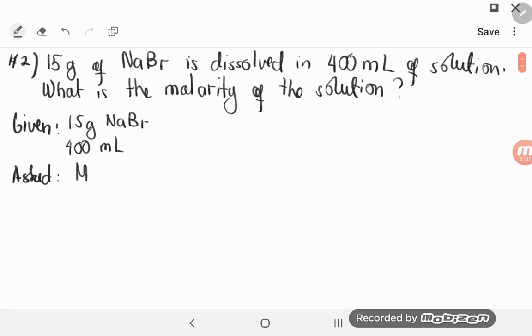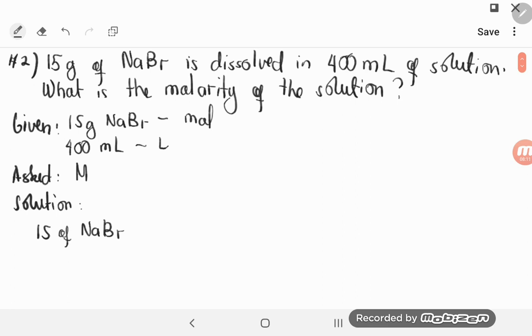This type of problem requires you to convert first the grams into moles and the mL into liters, because remember that in order for us to solve molarity, there is a need for you to use the moles of solute and the liters of solution. So that's the first thing we need to do in this problem. So let's start now with our solution. We have 15 grams of NaBr.